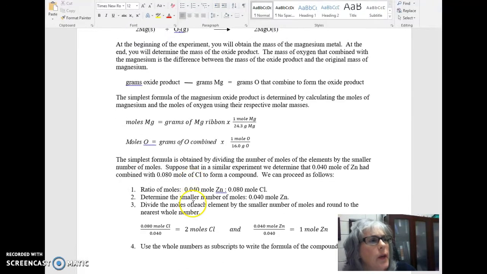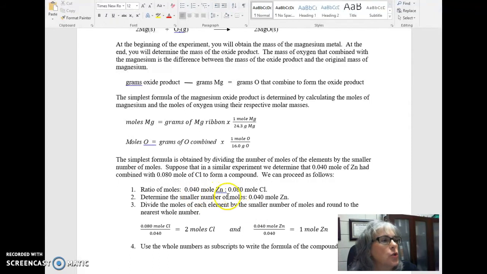What you're going to do is, for example, I've got an example here of 0.04 moles of zinc and 0.80 moles of chlorine. So you can't have partial numbers like that. We want small whole numbers. And the trick to get small whole numbers is to take them and divide each of them by the smallest one.